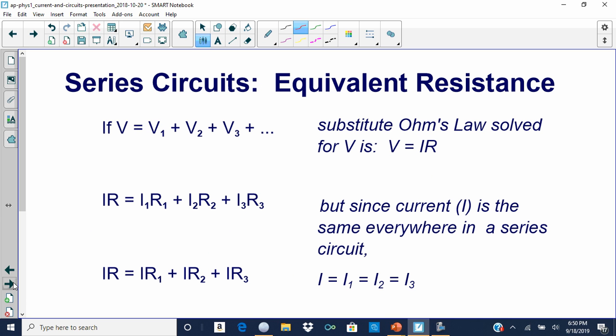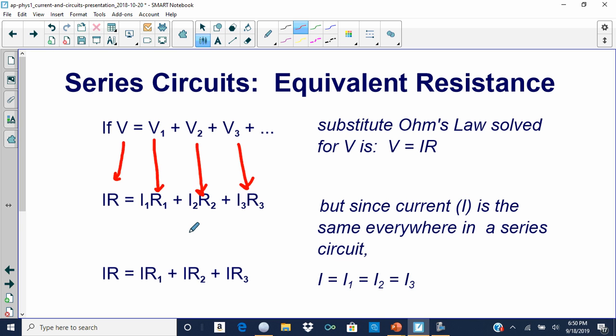Okay, so in a series circuit, if V, the total voltage of the battery, is equal to V1 plus V2 plus V3, and we substitute in V equals IR from Ohm's law into that equation, we end up with V being equal to IR, V1 is equal to I1R1, V2 is equal to I2R2, V3 is equal to I3R3, and so on.